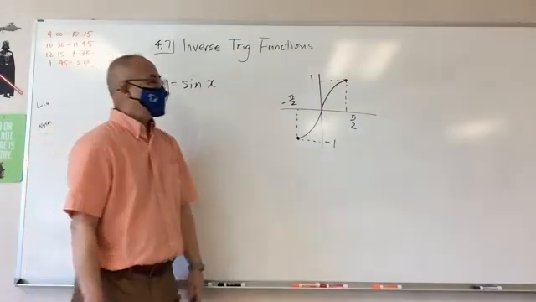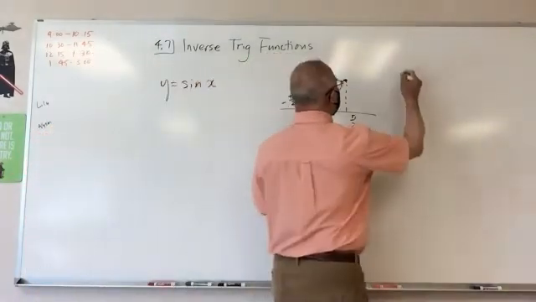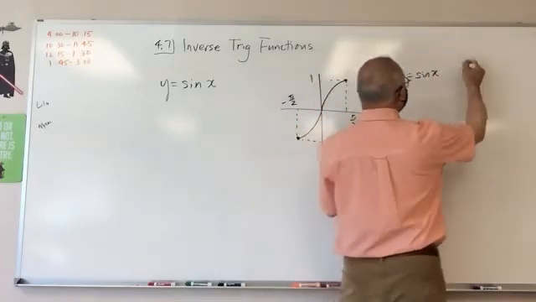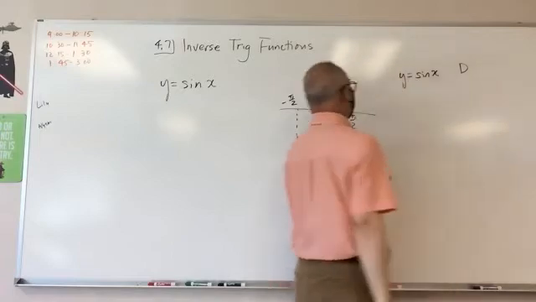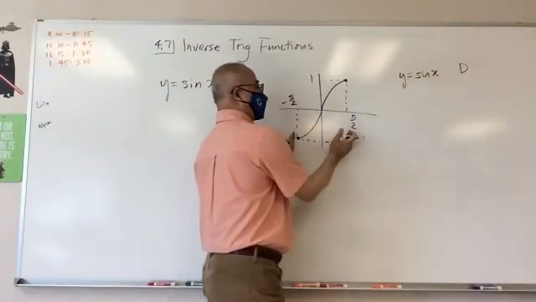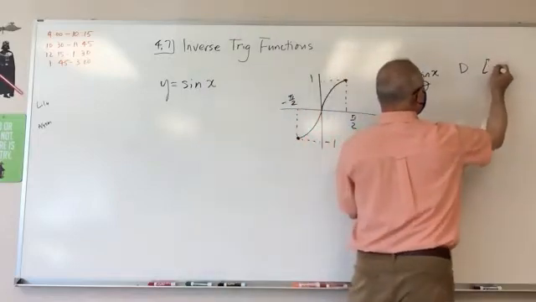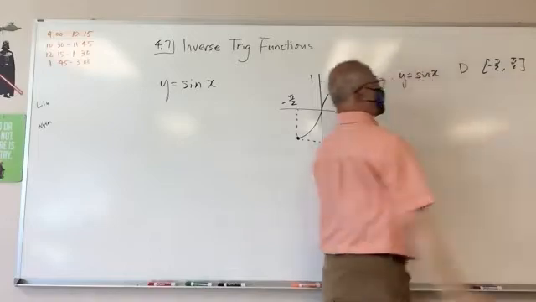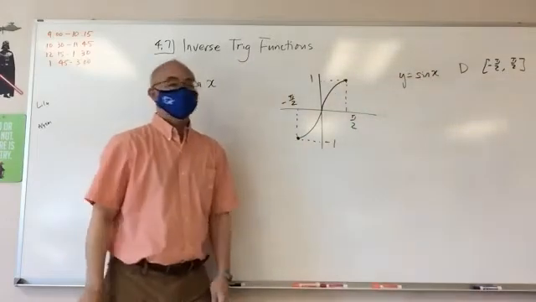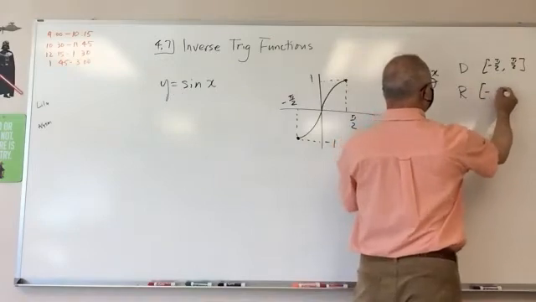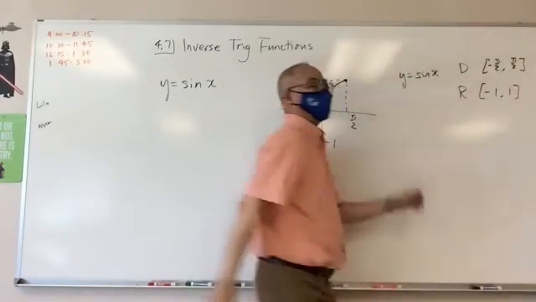Okay, so the initial function is y is equal to sine x with a domain of what? What is my domain? It is from here to here, right? So this is my domain. What's my range? -1 to 1, right?